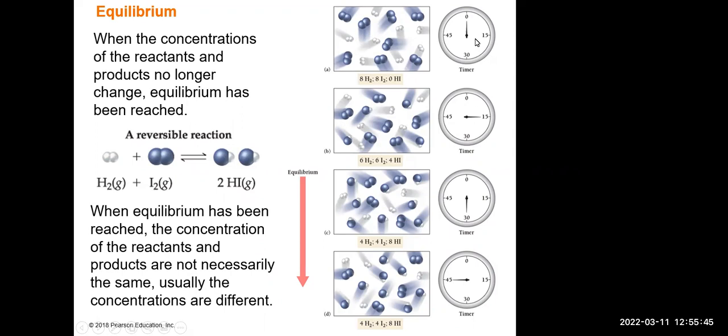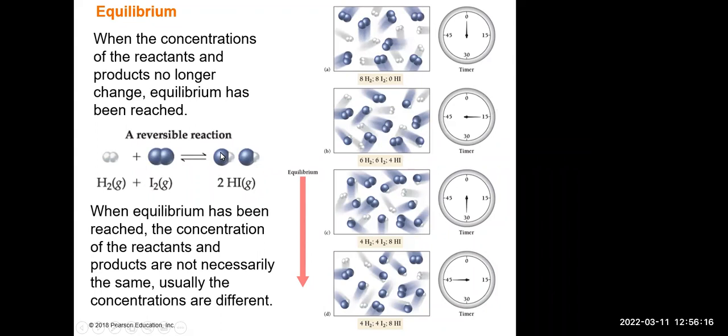At time 0, we begin this process. This is just one way to begin the process to get to equilibrium. In this example, we only have the H2 and I2 reactants on the left, as you can see in this picture. Then as time goes on, let's say 15 seconds or 15 minutes, we have some of those products, which is the HI.